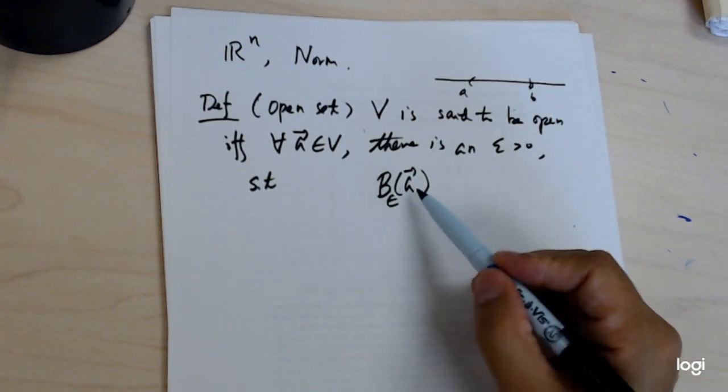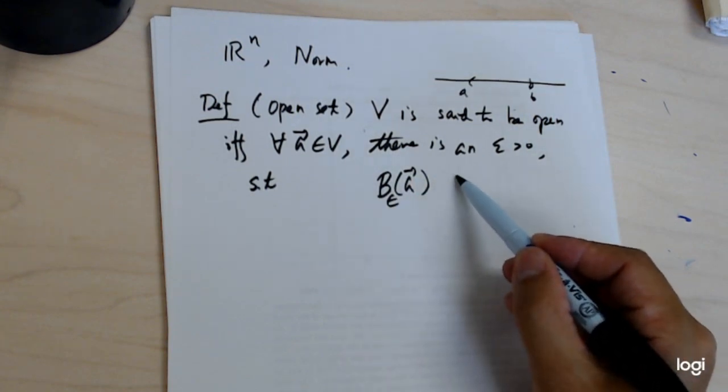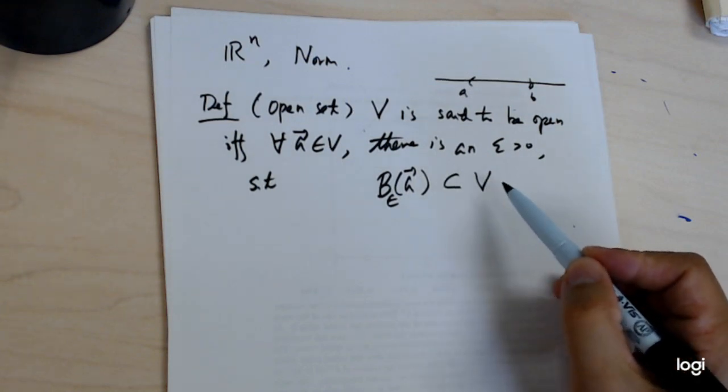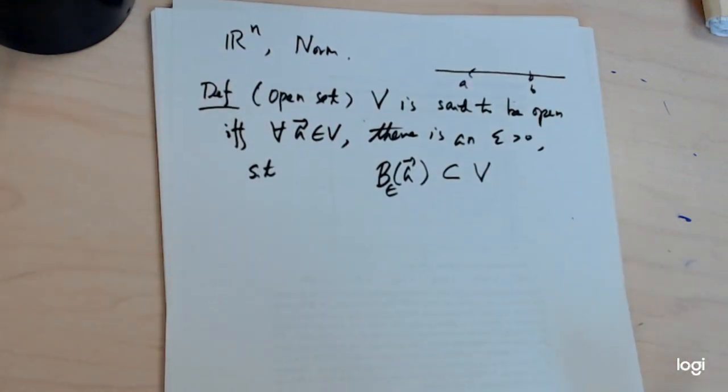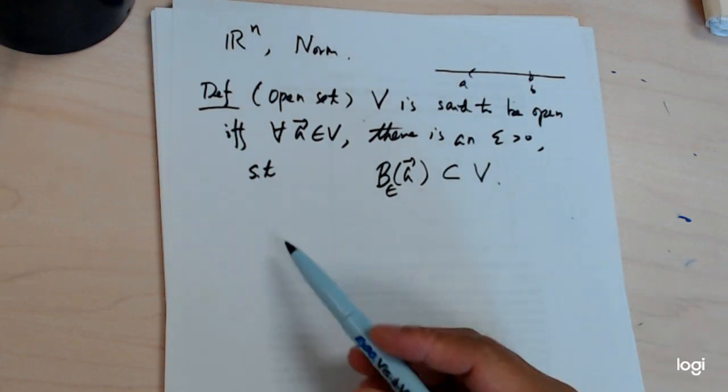So that this tiny ball is going to be part of the set V itself, completely inside V.